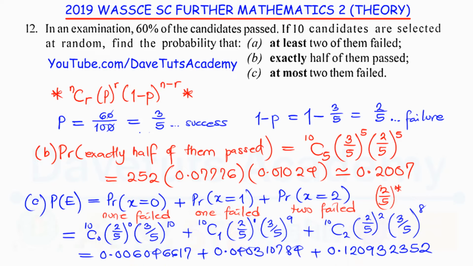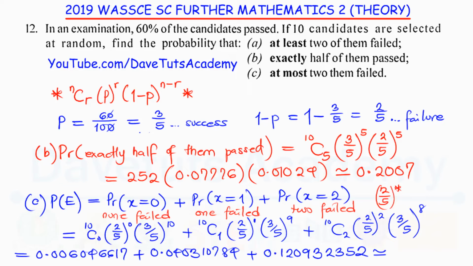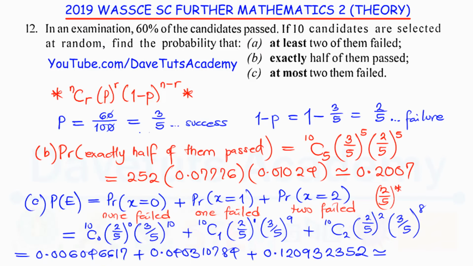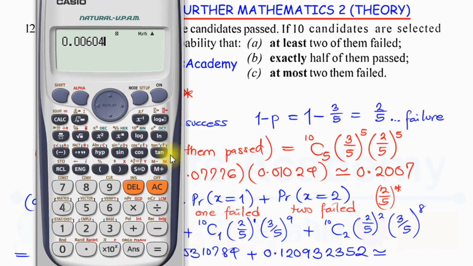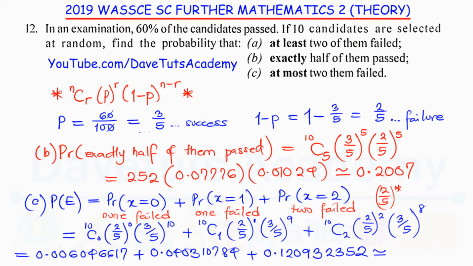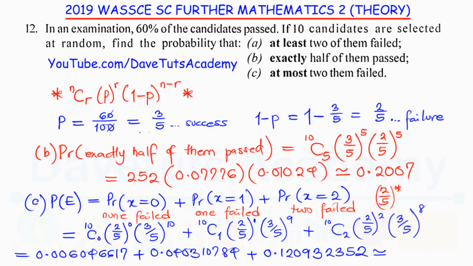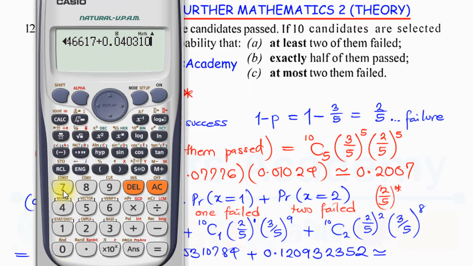I'm running out of space, so I'll just move that now. So I can just find the approximated value of this, and I'll have it as 0.00604 6617, plus in the second case 0.0403 10784, then plus 0.1209 32352.